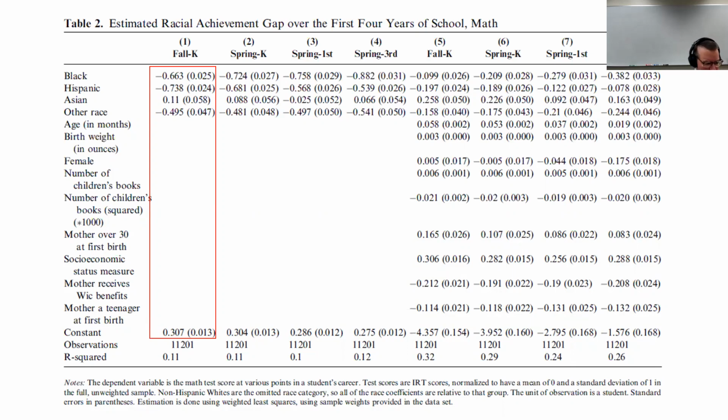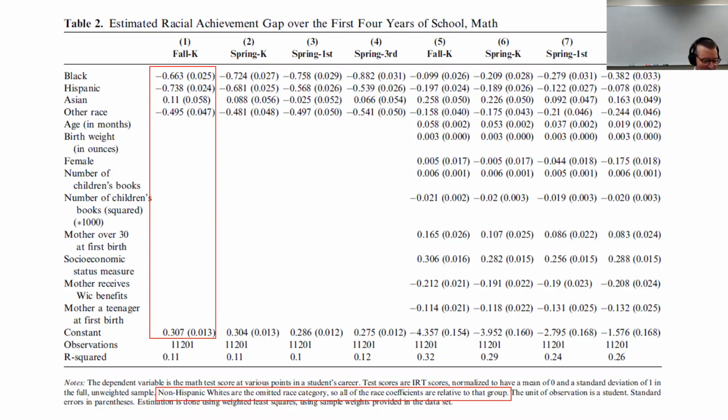these various groups. A nice thing about the Fryer and Levitt article, if you look down to this highlighted area, I always like tables where the notes to the table and the table itself combine to be completely self-explanatory.